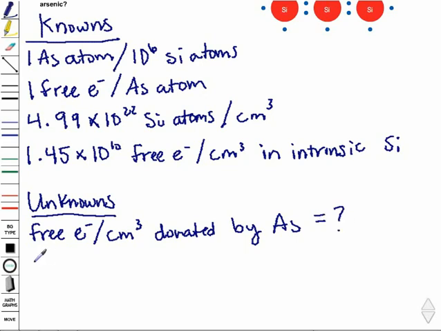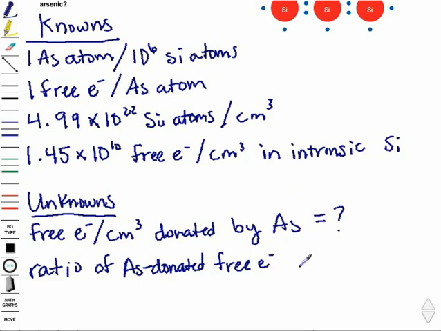We're looking for also the ratio of arsenic donated free electrons to intrinsic free electrons.